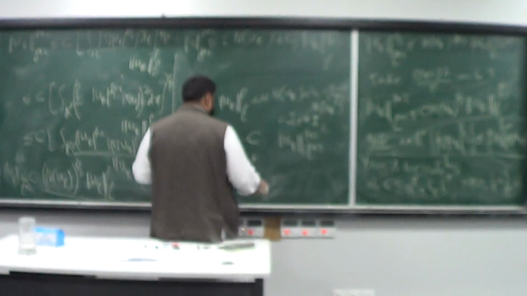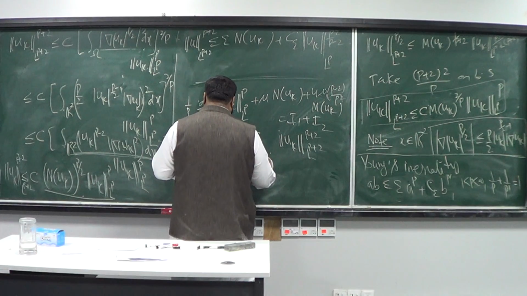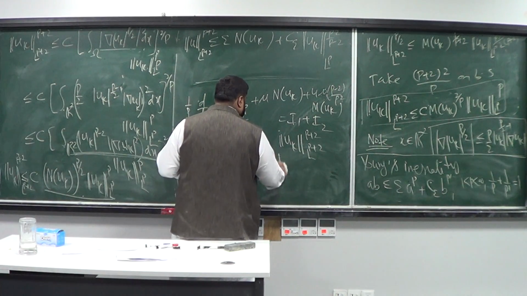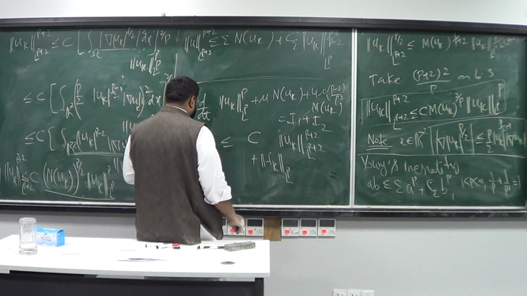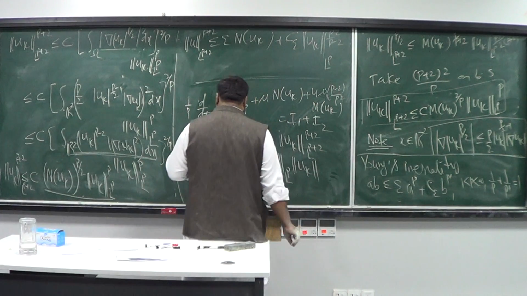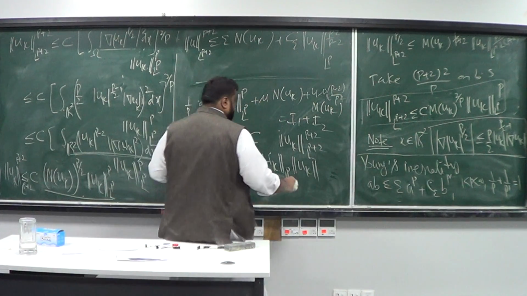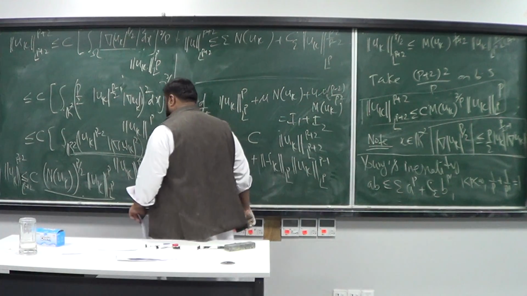Plus I2 was estimated by the L^p norm of F_k times the L^p norm of u_k to the p minus 1.